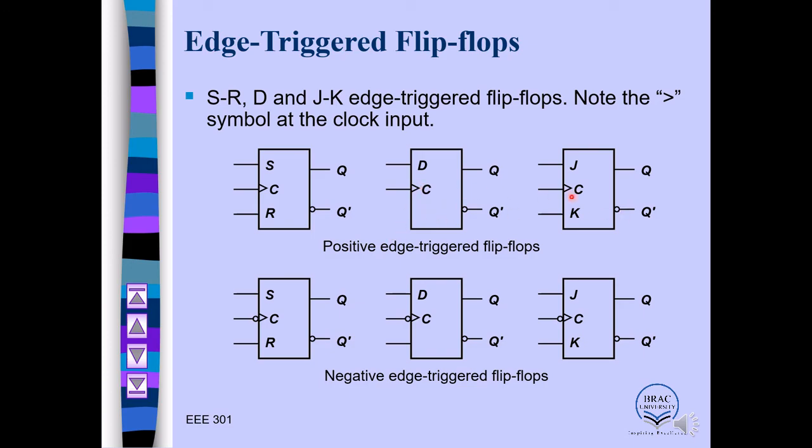All of them have a clock. But remember, all of the top ones are positive edge clock. That means they will activate at the positive edge. And if you look at the bottom part, they're called negative edge, because if you look here, at the clock there is a bubble. That's the difference. That means all of these flip-flops work on the negative edge.